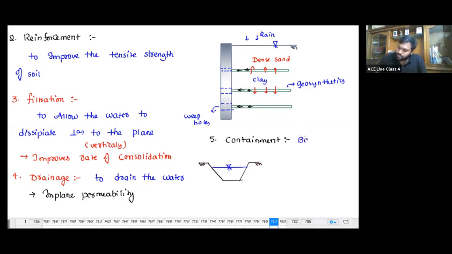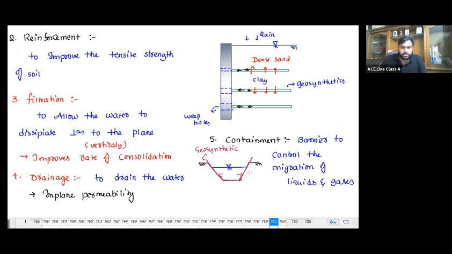So in the case of the canal cut, if I provide a geosynthetic, then no water will go into the soil mass. And another way, there is a landfill.